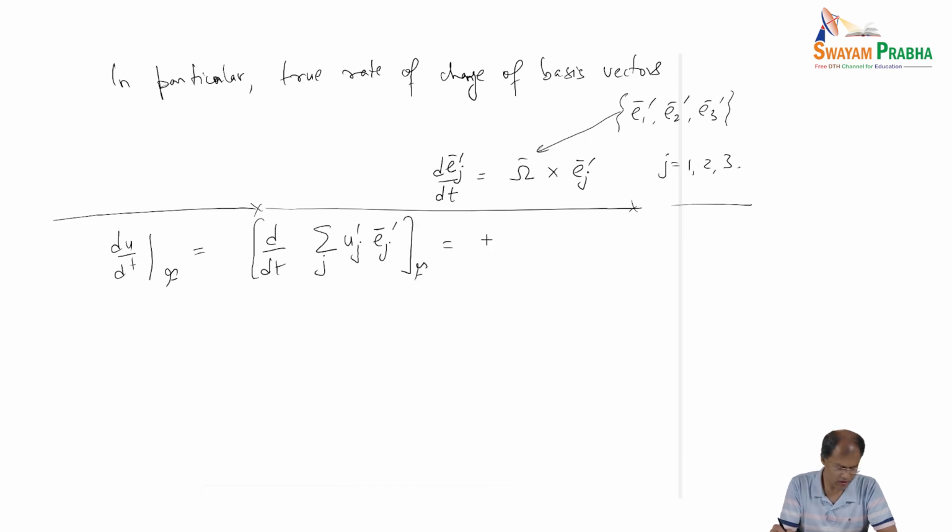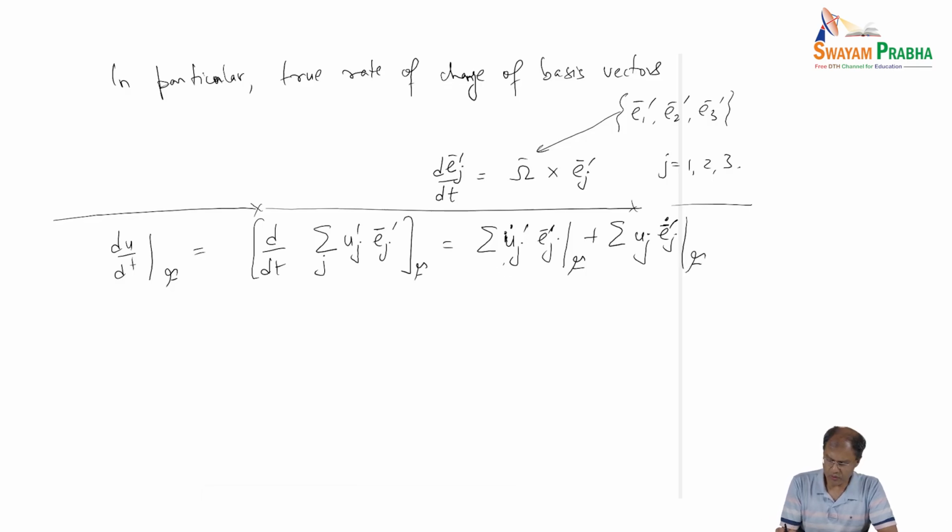So this is also equal to summation uj dot ej prime plus summation uj ej prime dot. So we have just distributed the derivative here. Now these are all with respect to the frame f itself.